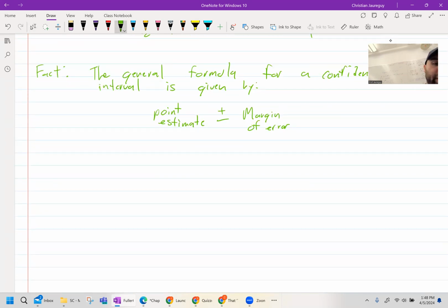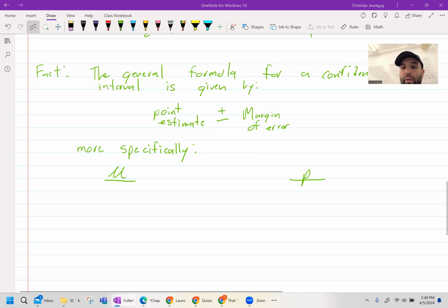And now more specifically, we have, for mu and for p, right, that's the guess. We're going to estimate mu and p. That's like the whole point here.